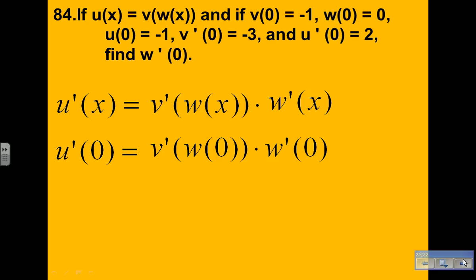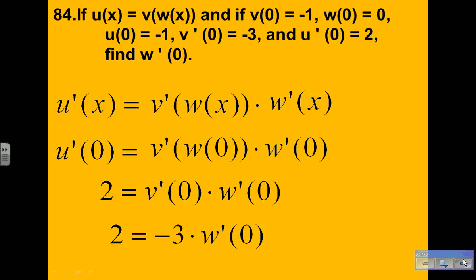That's what you're looking for. So on the next step, we get 2 equals v prime of 0 times w prime of 0. What is v prime of 0 equal to? Negative 3. So that means w prime of 0 equals negative 2/3.